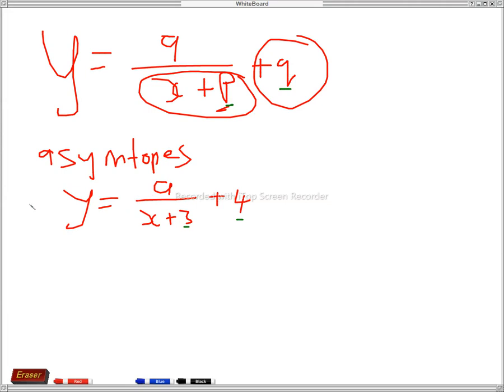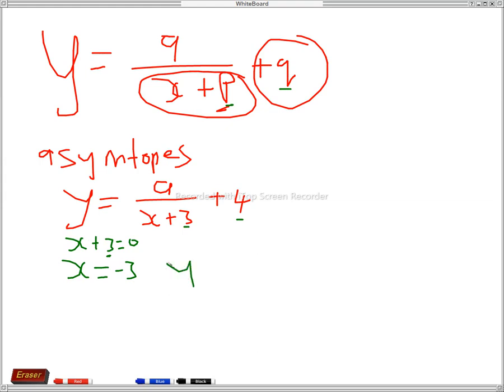If I were to write my asymptotes for this equation, I'm going to say x is equal to -3. Where does the -3 come from? Basically x plus 3 is equal to 0, and when you transpose 3 to the other side, it becomes negative. That's how I got my -3.